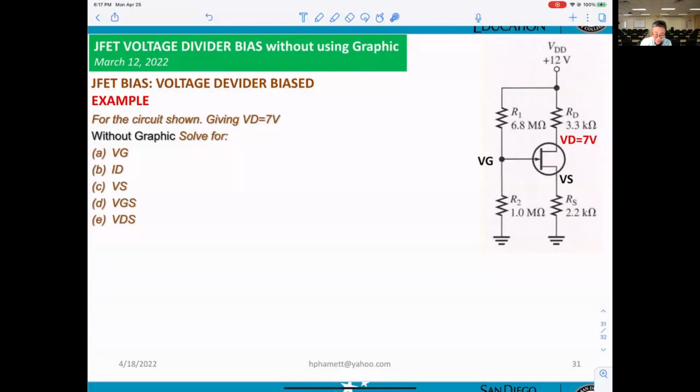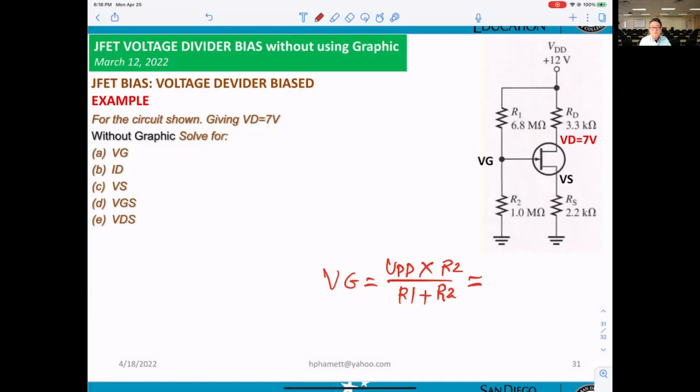First thing, I gave you VD, and VG, okay? VG equal VDD times R2 over the total. Just tell me the value you get.